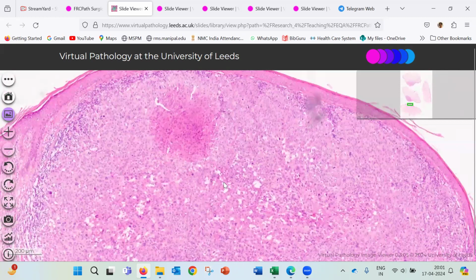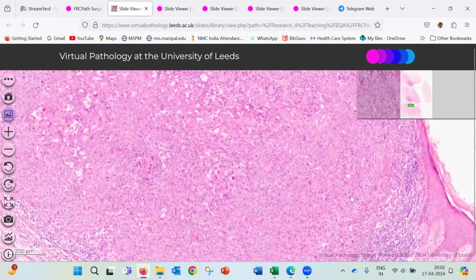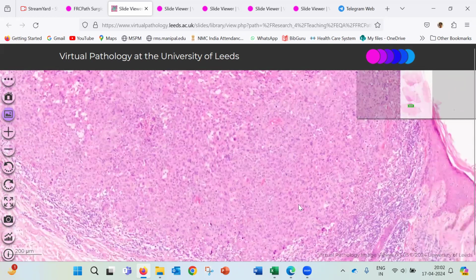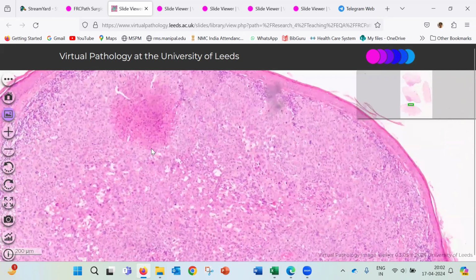Even though you are not getting pigment per se, you obviously should consider amelanotic melanoma, particularly cutaneous or metastatic to this site. So you need to do a workup. You keep a broad differential, that you should favor a melanoma, a poorly differentiated carcinoma, like that.